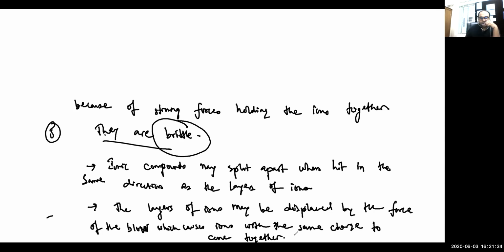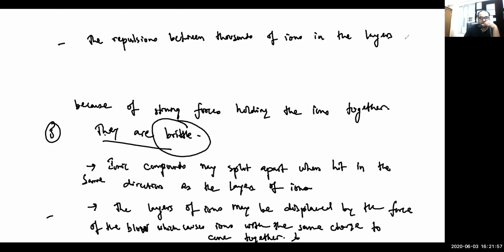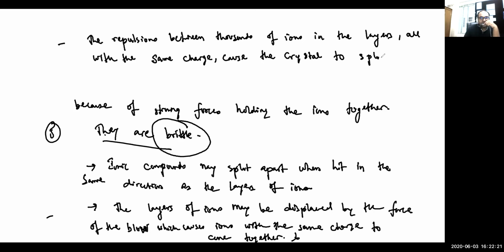Then the continuation, the second point: the repulsions between thousands of ions in the layers, all with the same charge, cause the crystals to split along these cleavage lines.